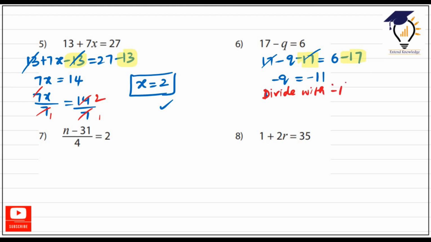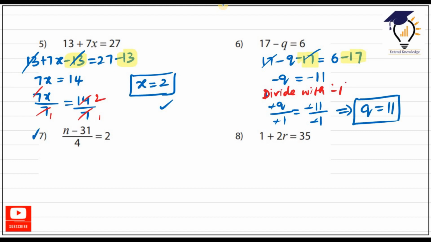What happens? Negative q by negative 1 is equal to negative 11 by negative 1. Here negative and negative go off, negative and negative go off. What I remain with here, you can see, is q is equal to 11, the solution of this equation.